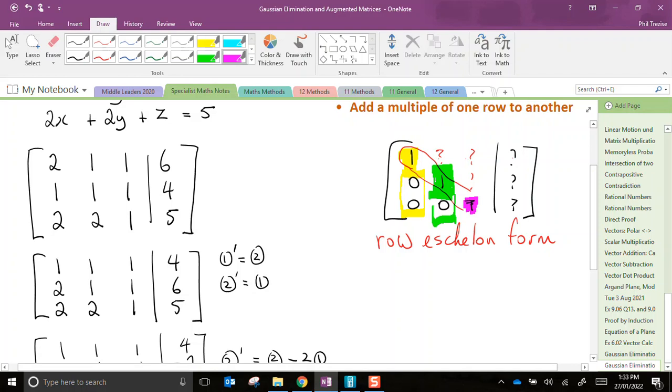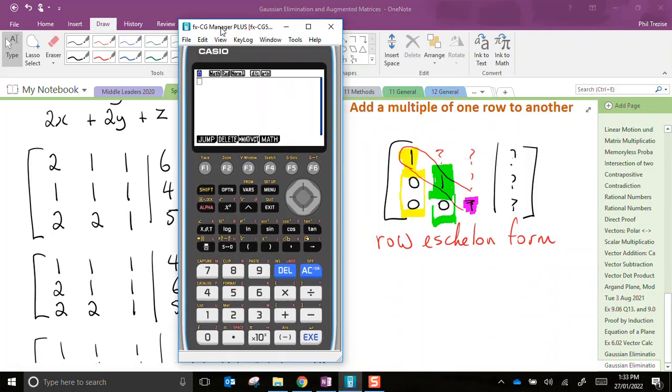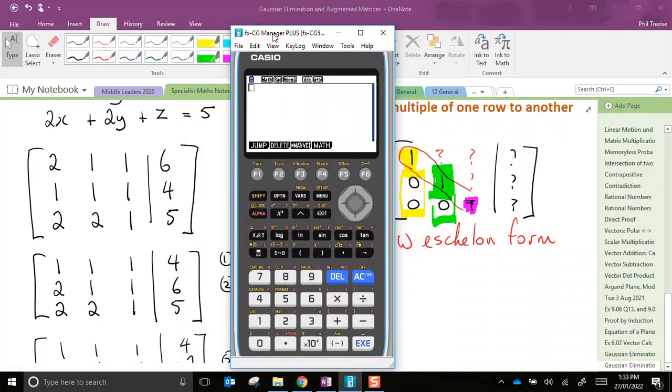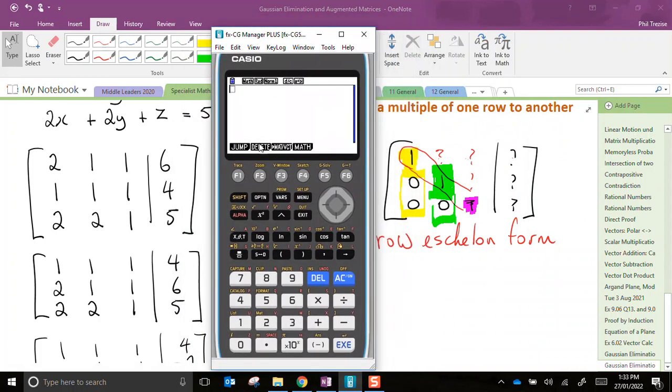Now, just to show you, this can be done with technology as well. So I could enter this matrix. There are a few different ways to do this. I could go to maths, then matrices, and then ask for a 3 by 4 matrix.